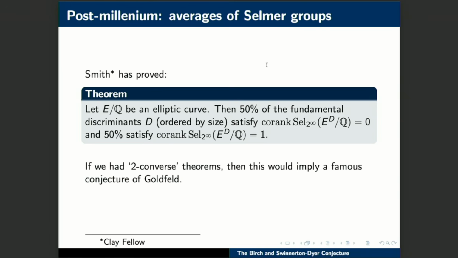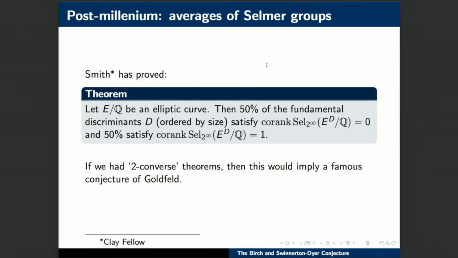Alex Smith, a few years ago, proved that if you have an elliptic curve, then 50% of the fundamental discriminants are such that if you look at the quadratic twist, so this E of D is a way of twisting the elliptic curve by that discriminant. In terms of the coefficients, you just replace y squared by d times y squared. So it's a very simple change to the curve, but it can change the arithmetic.